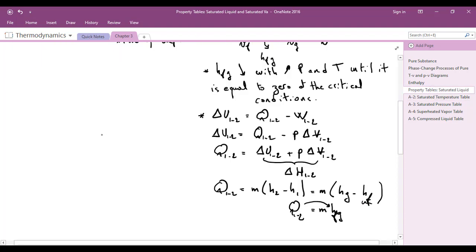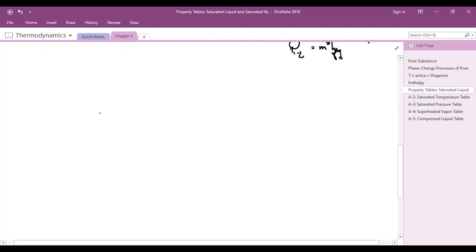If we want to practice some examples on using the saturation tables, let's first solve the following example.